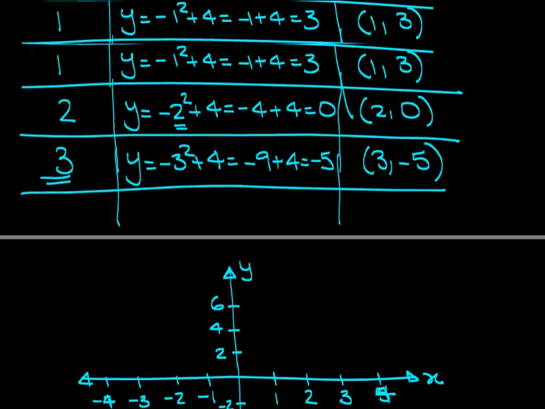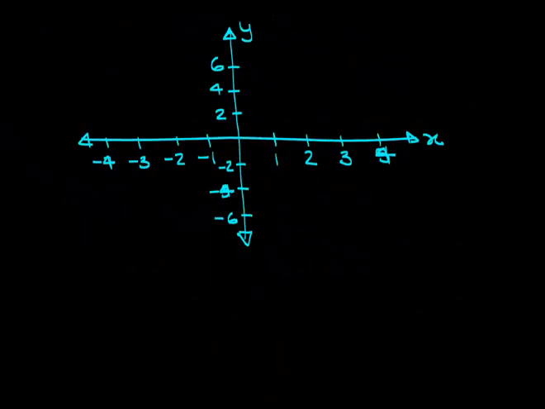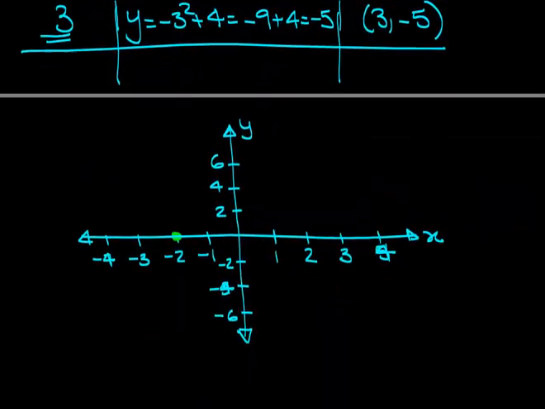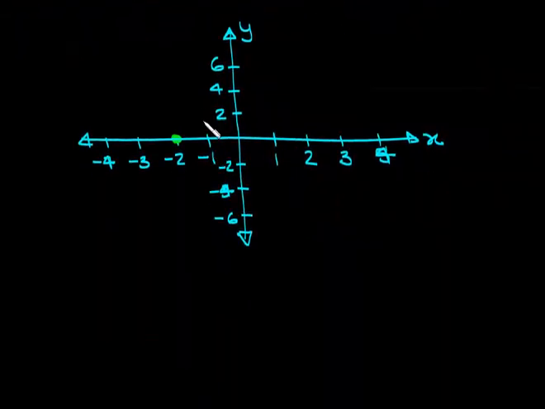So my first point is negative 2, 0. X is negative 2, y is 0, so that's this point. My second point is minus 1, 3. So x is minus 1, y is 3, so that's this point. 3 is in here somewhere. Okay. My next point is 0, 4. X is 0, so you don't go anywhere horizontally, vertically you go up to 4.